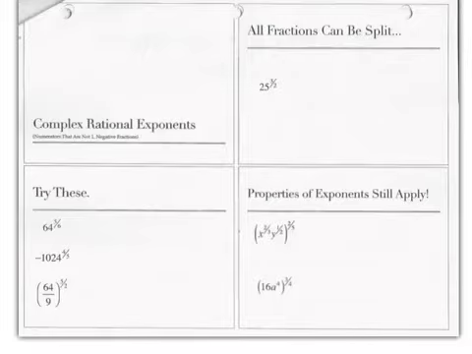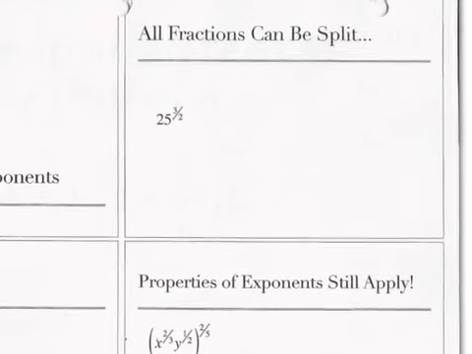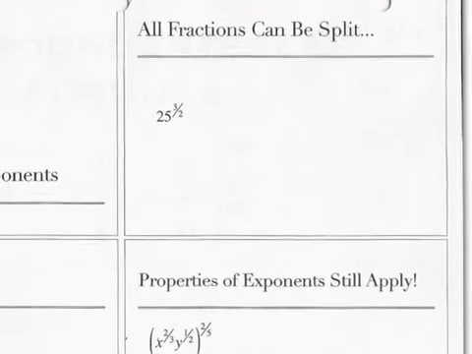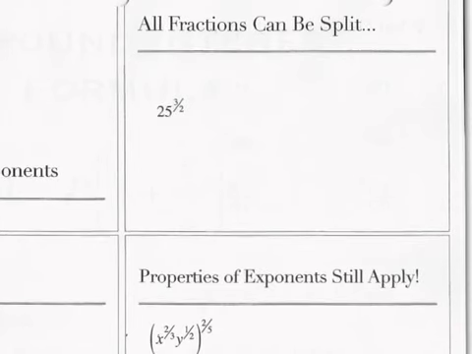So back to your notes, and I'm actually going to zoom in on this top right, this first example that says all fractions can be split. And I want you to look at that example, 25 to the power of 3/2. Well, remember that 3/2, I could separate that into a fraction I already know how to work with and a 3.